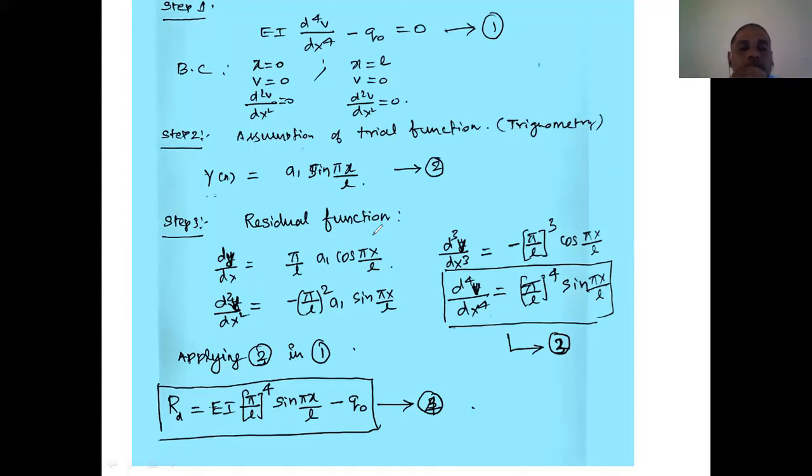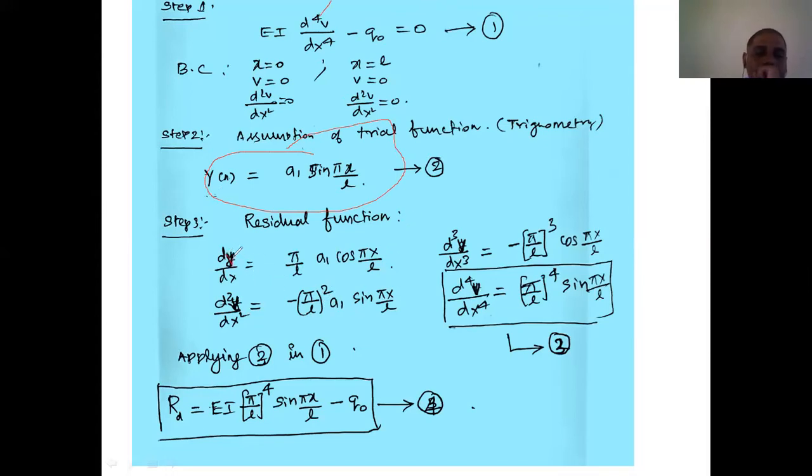For that, you have to differentiate this trial function 4 times, because the governing equation is of 4th degree.